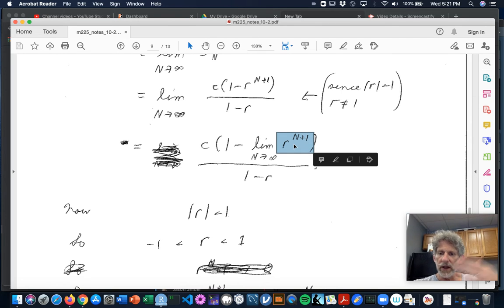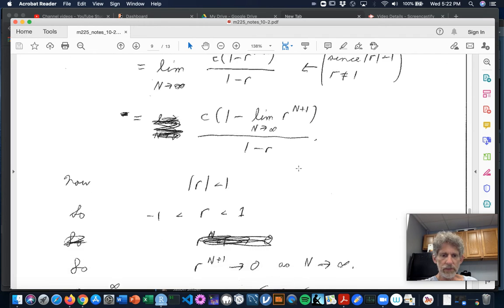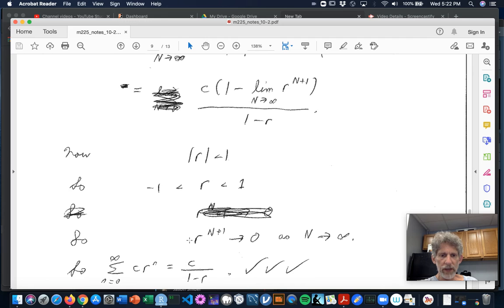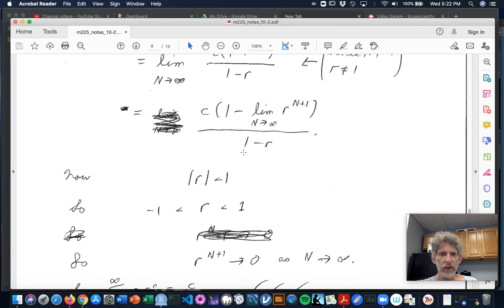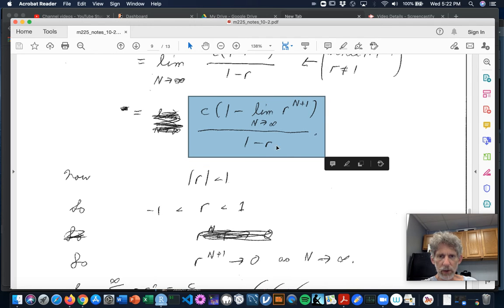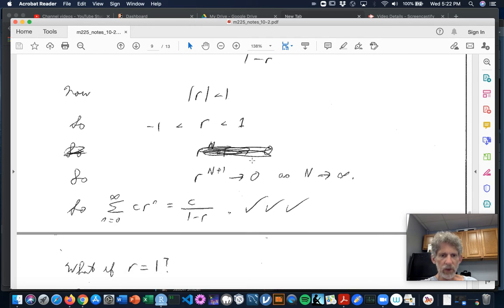And so we're multiplying it by itself a lot of times, and it gets smaller and smaller because it's less than 1, bigger than minus 1. So r to the capital N plus 1 goes to 0 as N goes to infinity. So that limit there just works out to c times 1 minus 0 over 1 minus r. It works out to be c over 1 minus r. We're done.